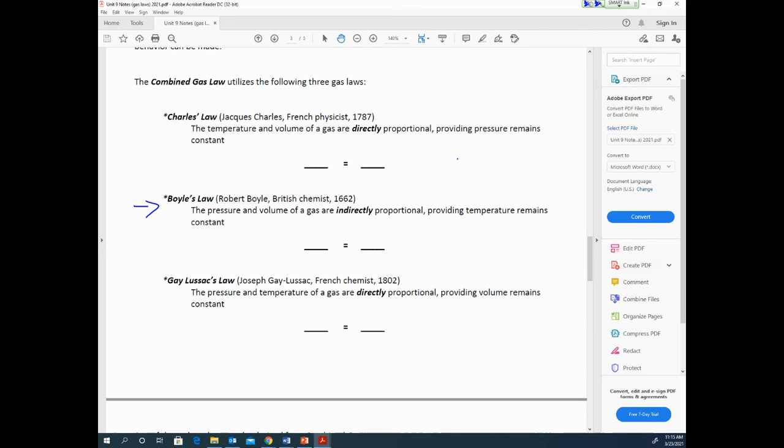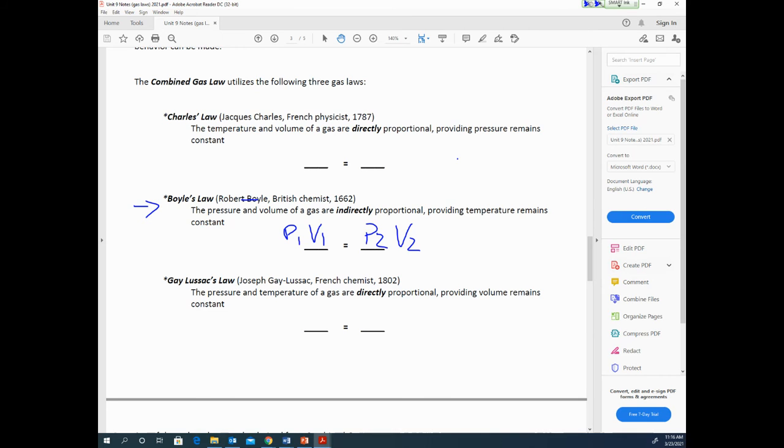So Boyle's law was by Robert Boyle, who's a British chemist. The pressure and volume of gas are inversely proportional, providing temperature remains constant. So in Boyle's law, pressure 1 and volume 1, the pressure the gas starts with in the size container it starts in, will be equal to the pressure it ends up having multiplied by the volume it ends up having, the space it ends up taking.